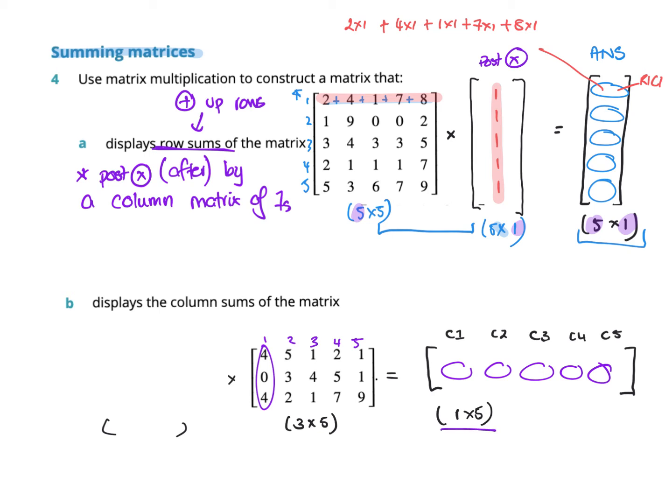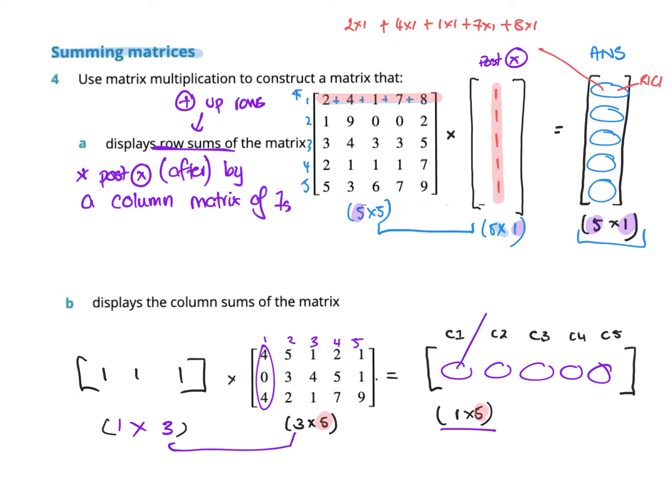For me to be able to do that, here I've got the 5, so this would have to be a 3, yes? Is that correct? And then I need a 1. So I'm going to have a 1 by 3. A 1 by 3 means I have 1 row and 3 columns, yeah? So if I want to add, can you see if I put 1, 1, 1?